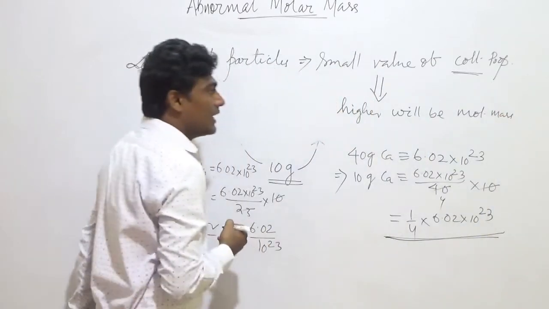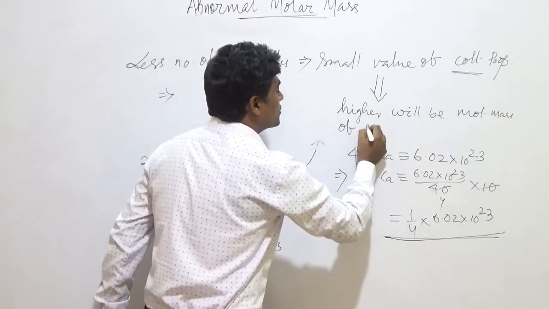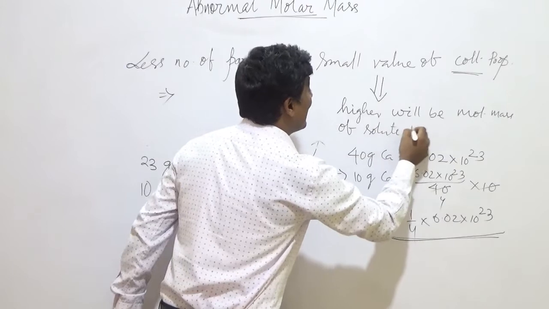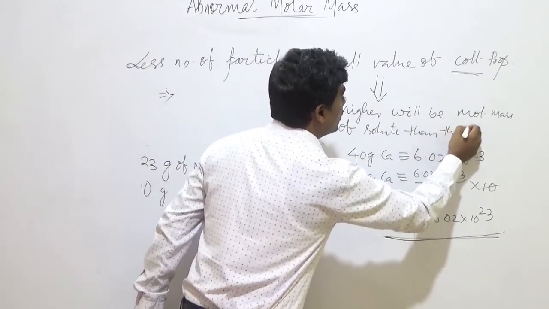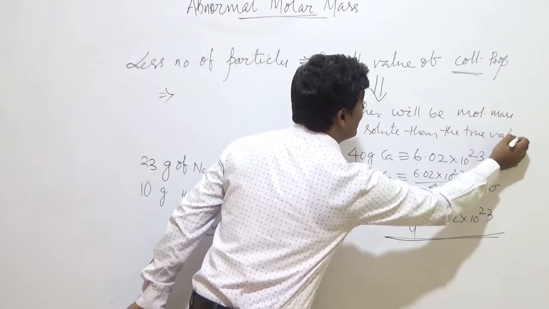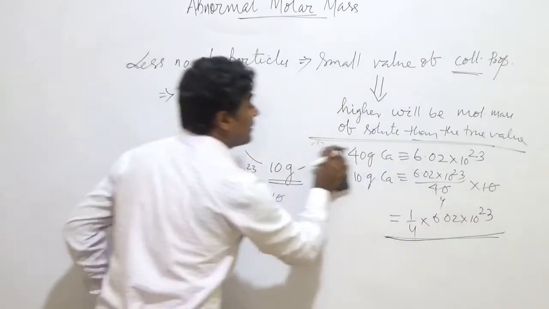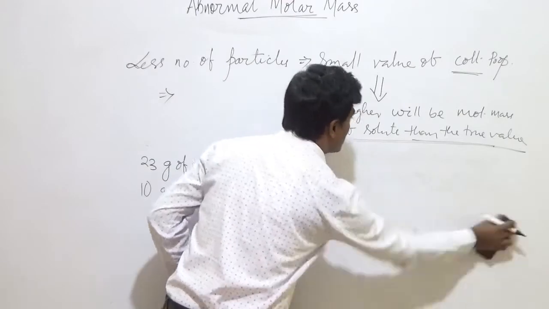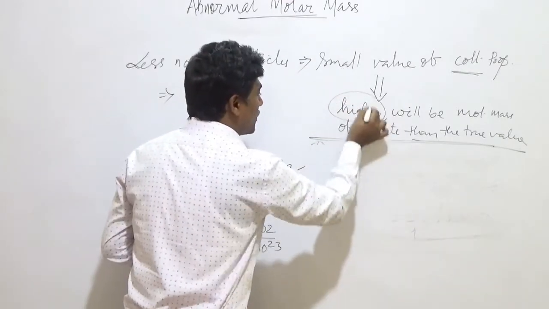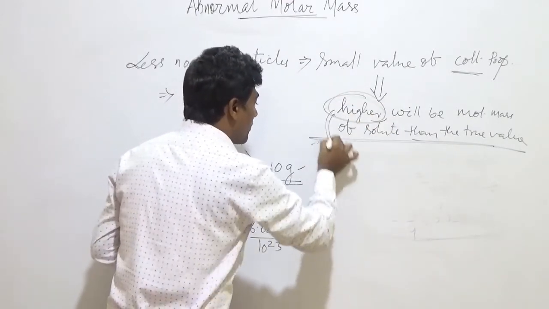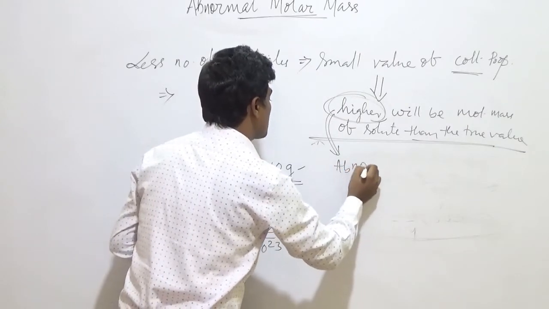Higher will be the molecular mass of the solute than the true value. This is what we call abnormal molar mass.